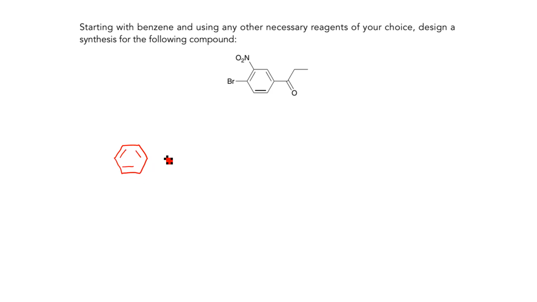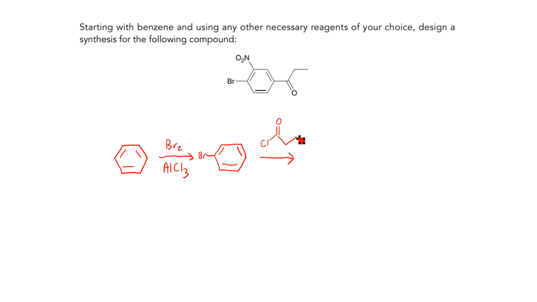So the first thing we told ourselves we were going to do is Br2, AlCl3, to add a Br, right? And then the next step is we said we were going to do a Friedel-Crafts acylation.